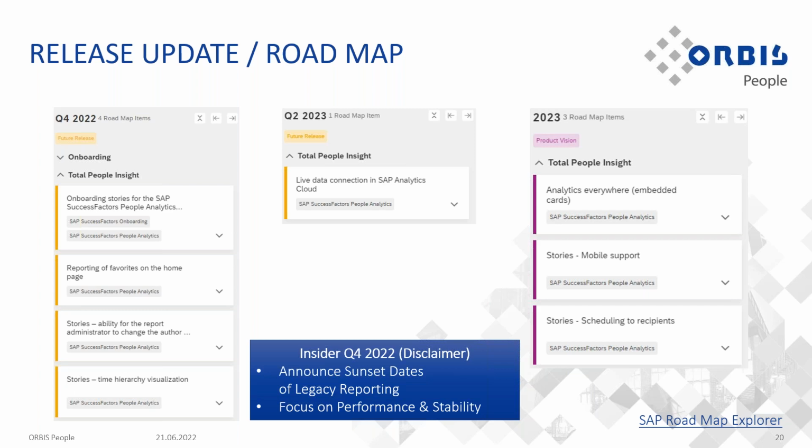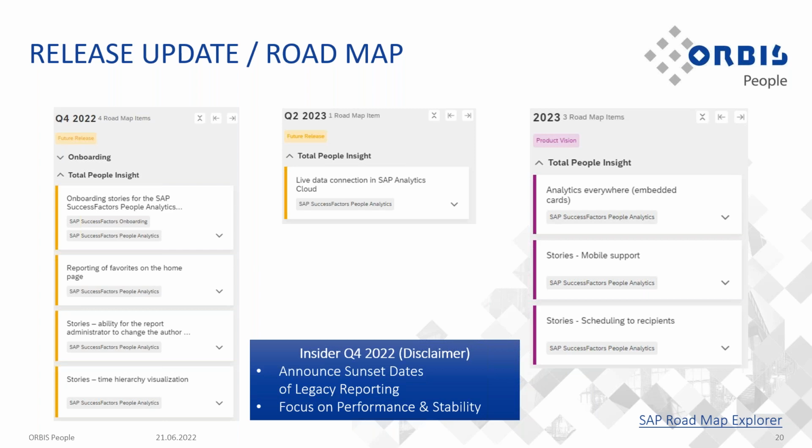This will likely come in the next release update, where they will announce when specifically all the other reporting tools will get sunsetted, and give you all the details about it. I'm not going too far out of my window, but the last time they said they will sunset in 3 years, so I would expect something similar.